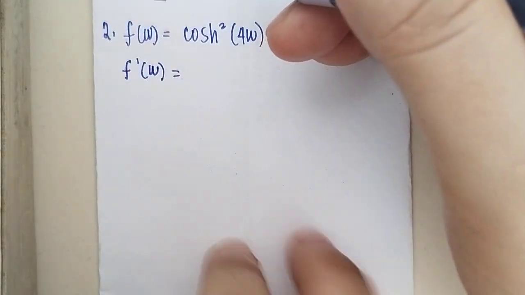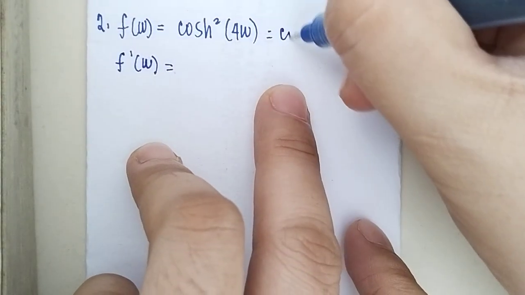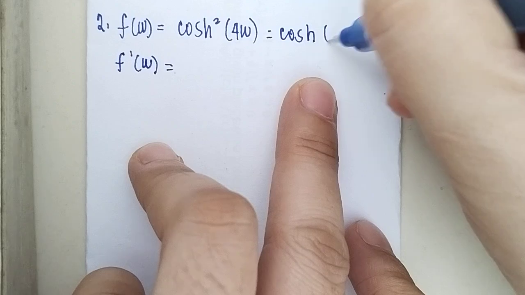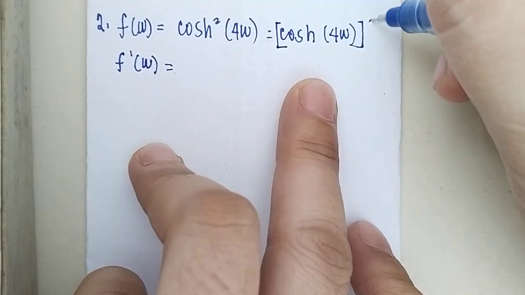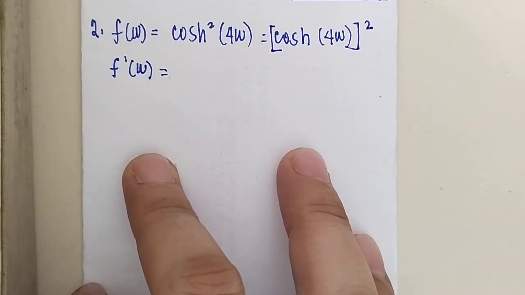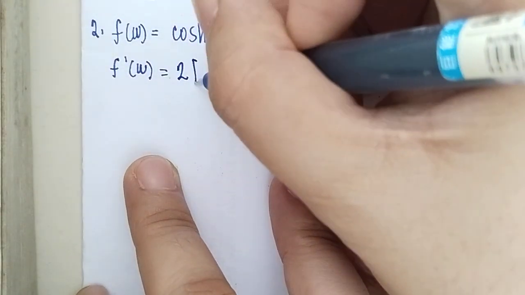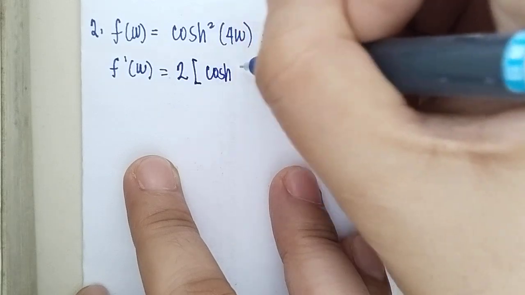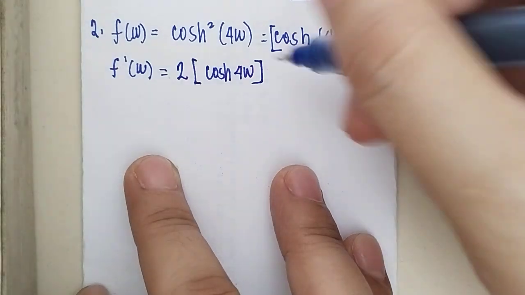So, f prime of w is equal to, this part is just the hyperbolic cosine of 4w squared. So, we can apply the general power rule. We have 2 here, then the hyperbolic cosine of 4w, and 2 minus 1 is 1, so we don't write it.